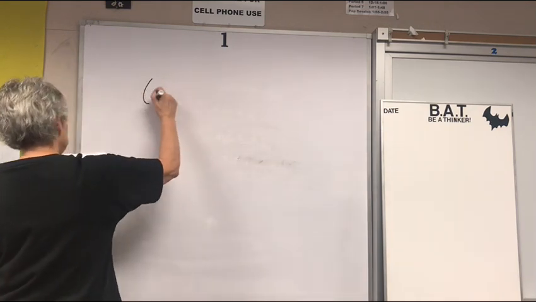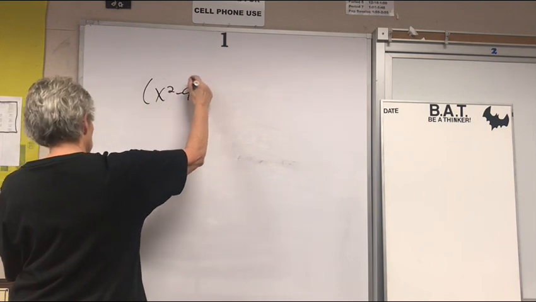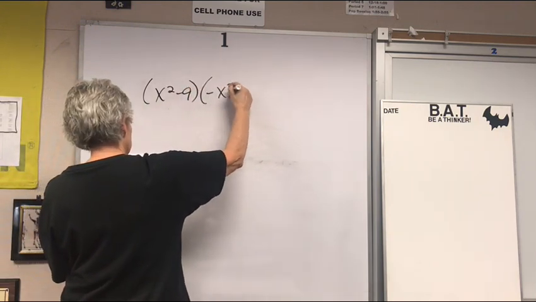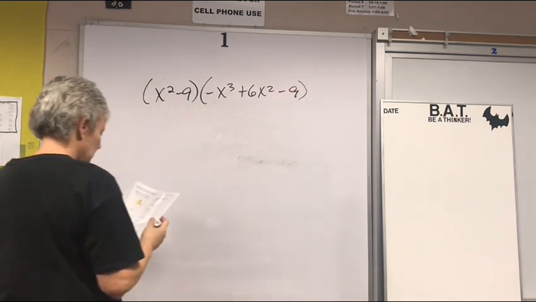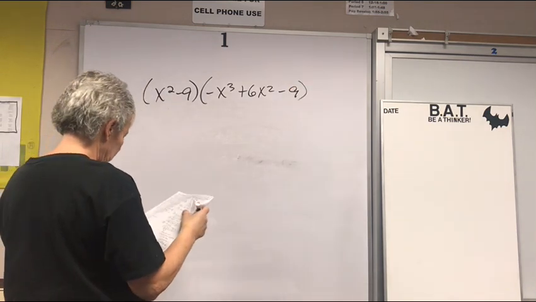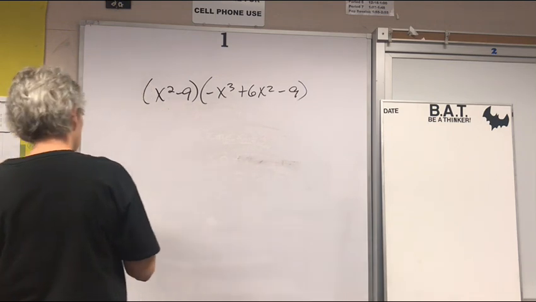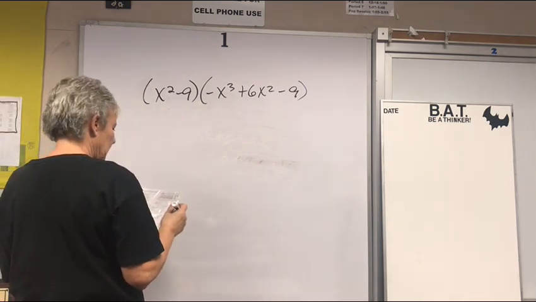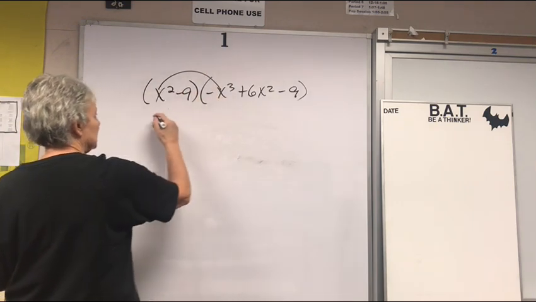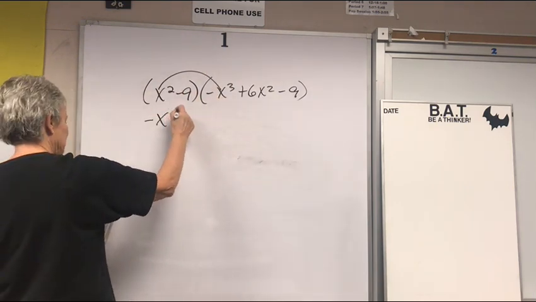Number 13, you just have to be really slow so you don't miss any of the terms. Okay, let me make sure I copied it right. And I did. All right, so we're multiplying. This times this, negative x to the 5th.